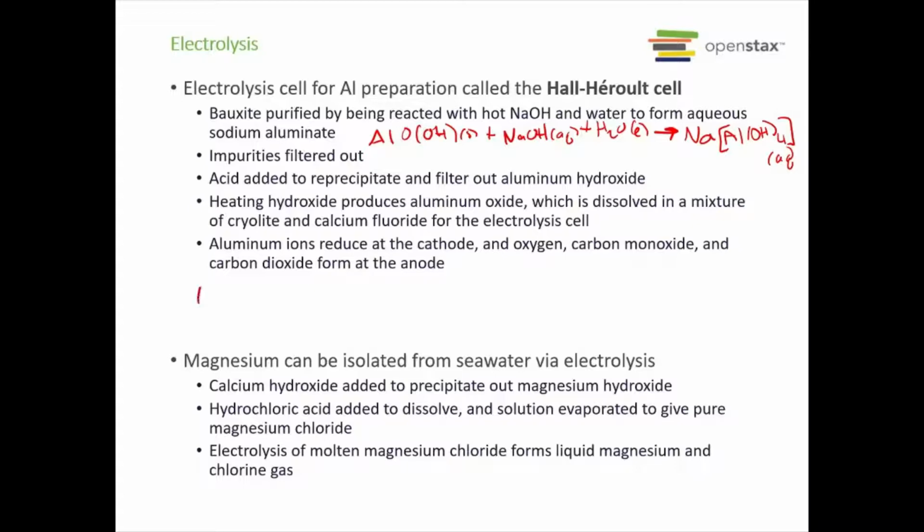So we take our sodium aluminate, and we give it some acid. And now we get aluminum hydroxide as a solid, so it's not soluble in water, and then sodium ions and water.